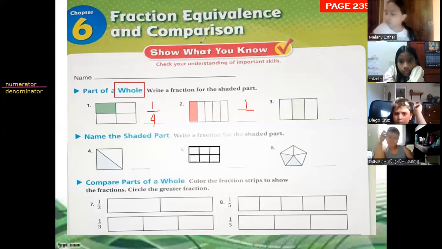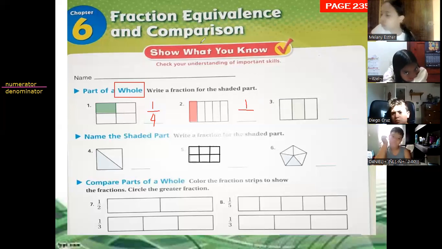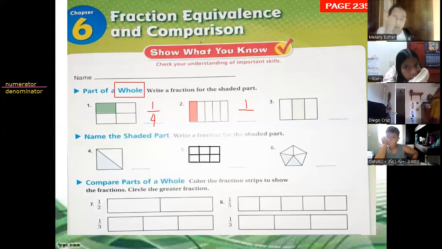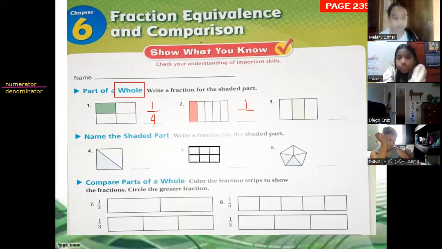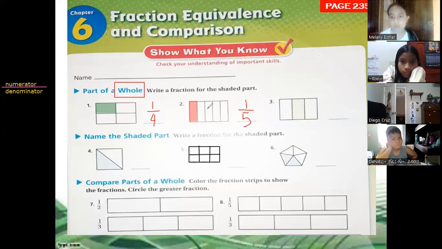And now we have to write the denominator. Remember, the denominator is the number of parts the whole is divided into. How many parts is this rectangle divided into? 5. So this fraction is 1/5 because it's divided into 5 parts.